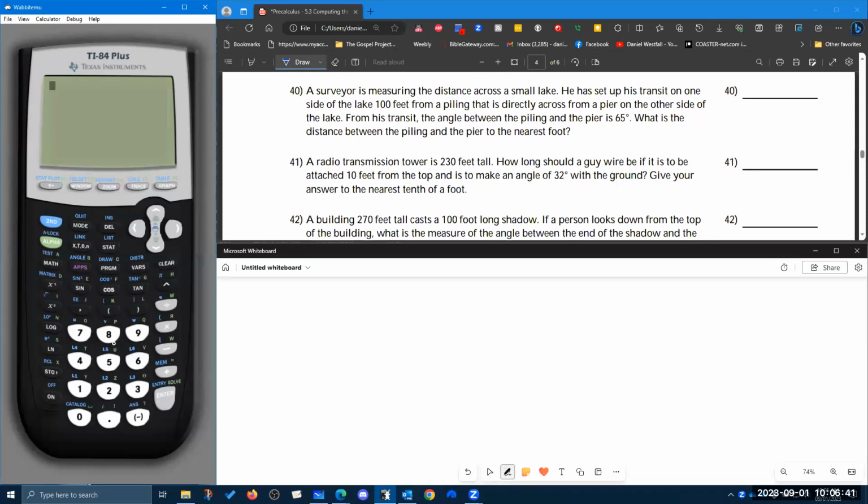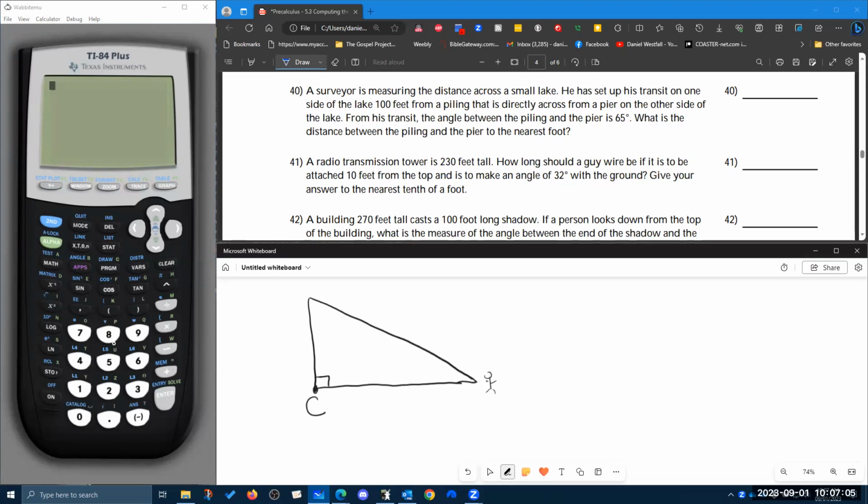The context of the problem, the lake, doesn't matter so much as we have a triangle that's going to look like this, where the surveyor is standing over here on this side of the lake. He's measured a distance to another point over here that I'm going to call C because this is a right angle.